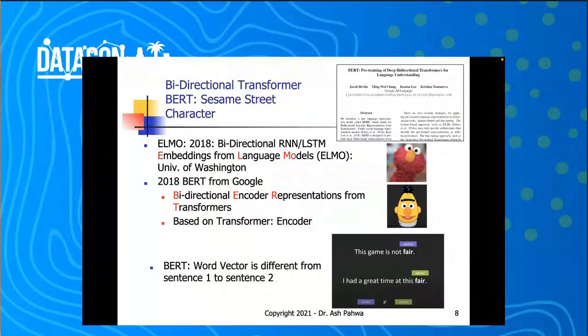This fair means an exhibition or some kind of event. The word is the same. How would a computer figure this out? This was a million dollar question. How are you going to solve this problem? That's what is being solved in BERT.